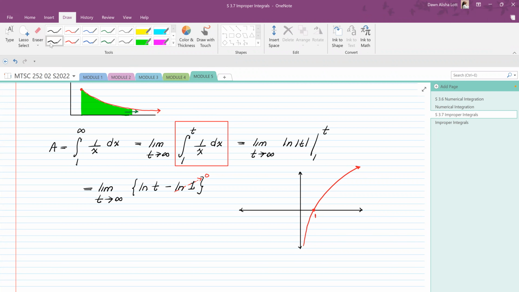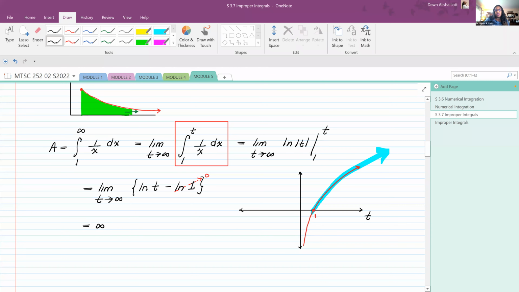No, it never touches 0, right? Is the limit 1? Where is it? What is it doing as t goes to infinity? That function is going to infinity.